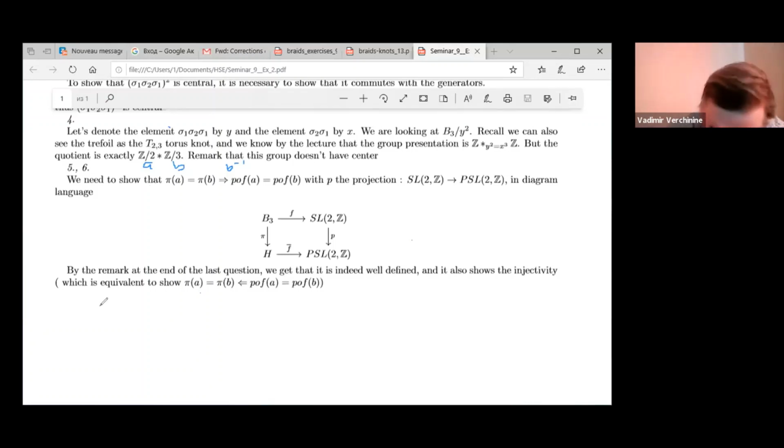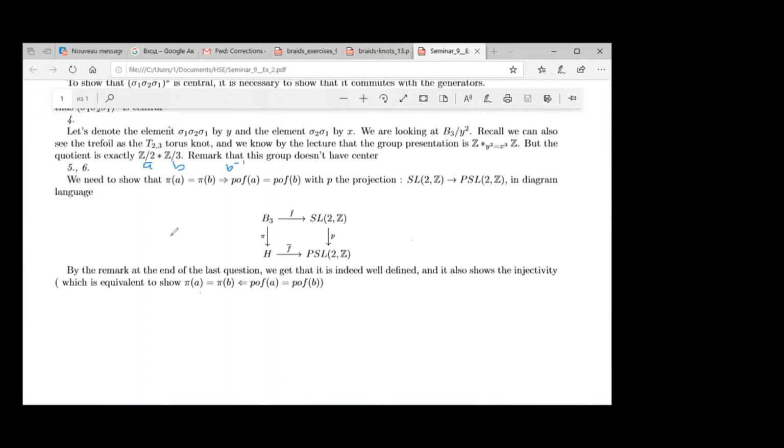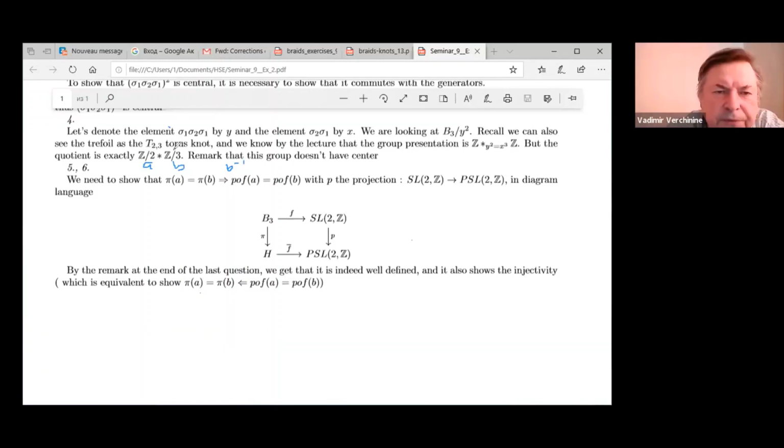So if you have this cyclic group and this cyclic group, you should have the form A, B, epsilon 1, A, B, epsilon 2, A, and so on.